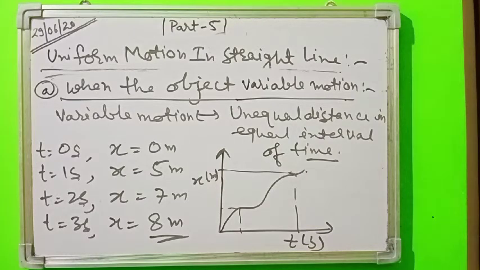Unequal distance in equal intervals of time: somewhere it covers less distance, and after that it covers more distance in the same interval of time.